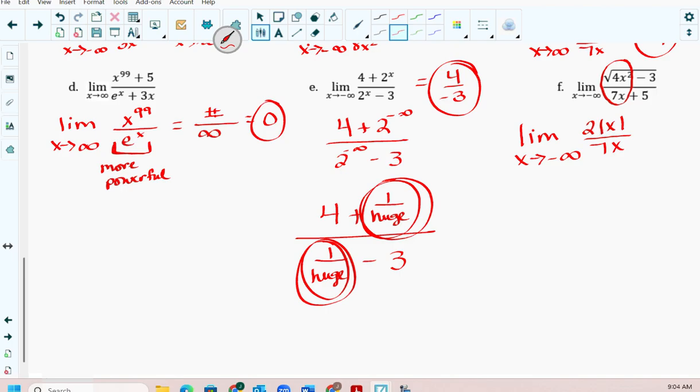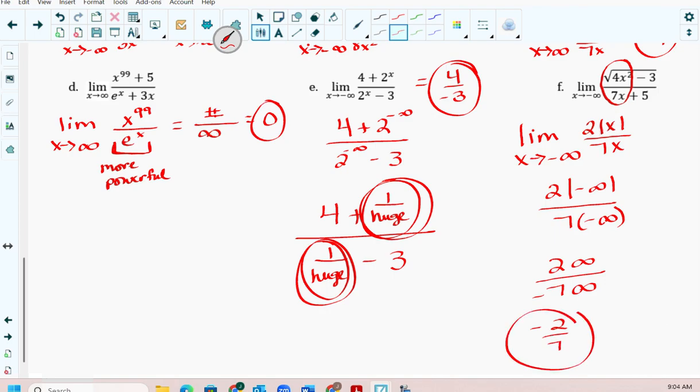Because think about when I plug this in, I've got 2 absolute value of negative infinity over 7 negative infinity. Not negative infinity. So let me rewrite the numerator. Do you agree that that would just be 2 infinity, and 7 times the denominator would be negative? Yes. It'd be negative 2 over 7.